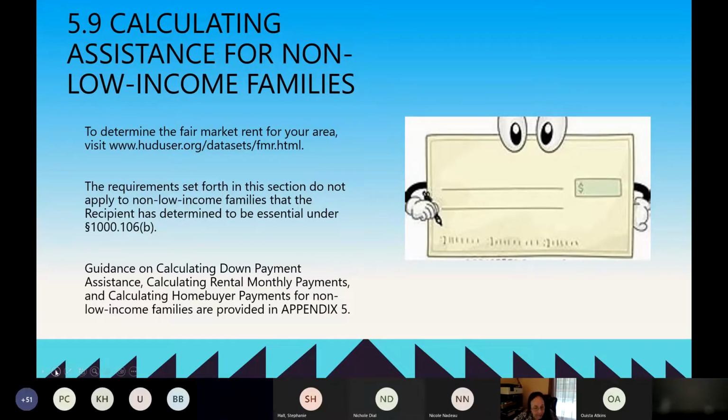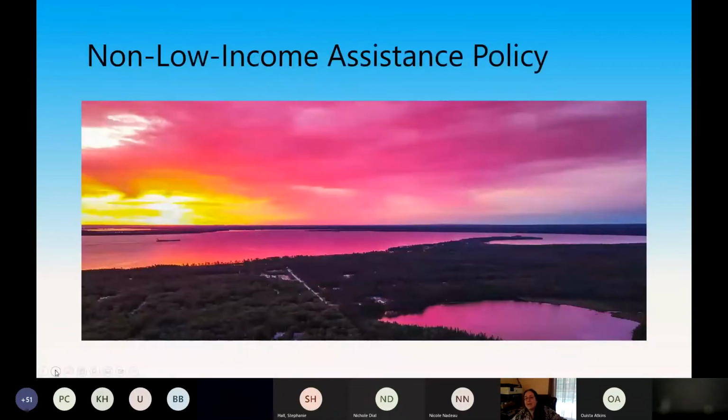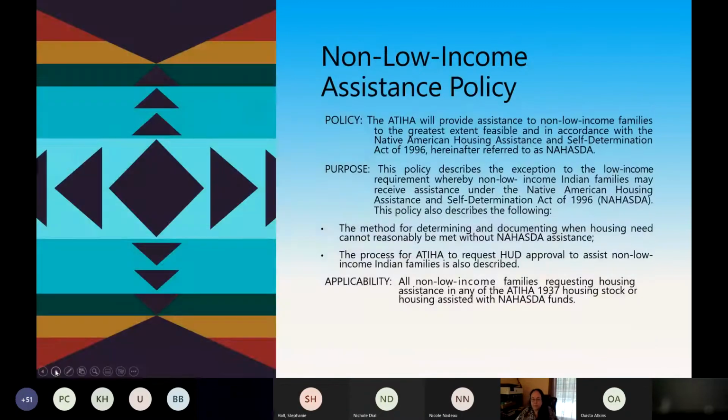Guidance on calculating down payment assistance, monthly rental payments, and homebuyer payments is provided in Appendix 5. And you should have that non-low income assistance policy that I was just referring to. So the ATIHA will provide assistance to non-low income families to the greatest extent feasible in accordance with NAHASDA.